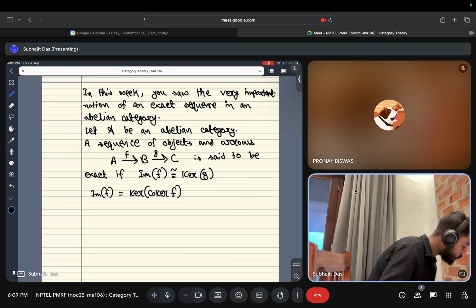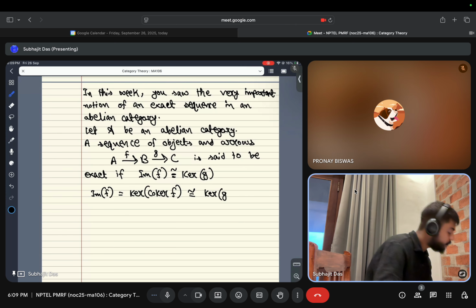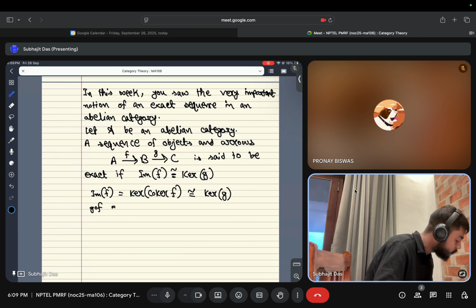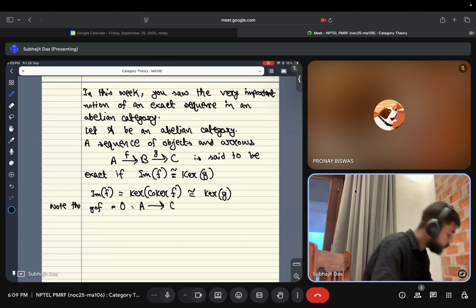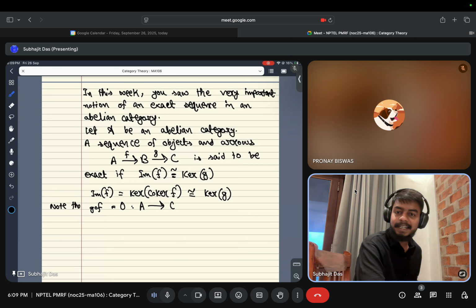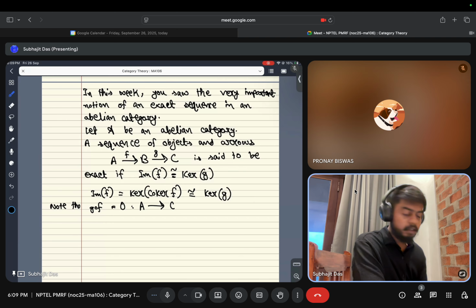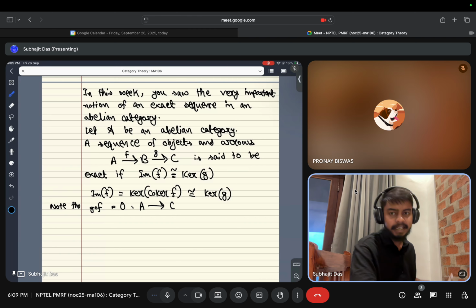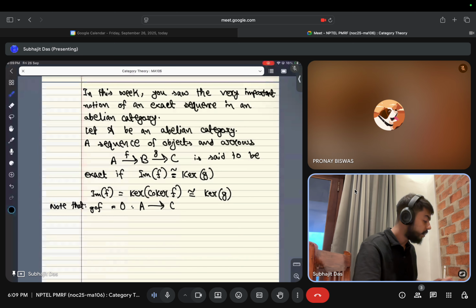So this should be isomorphic to the kernel of g. Observe that this in particular implies that g composed with f is equal to the zero map from A to C. So this is the notion of an exact sequence. Again, there are other alternate ways of phrasing the definition, but this is the most popular one.